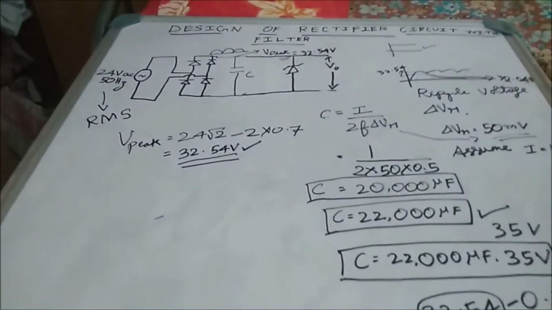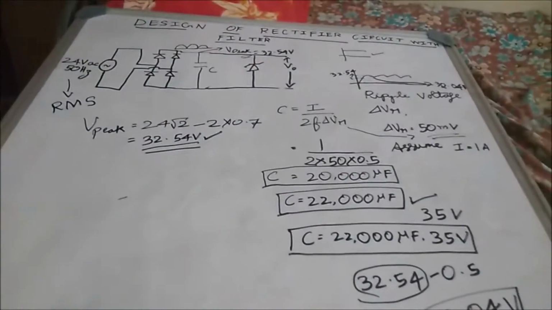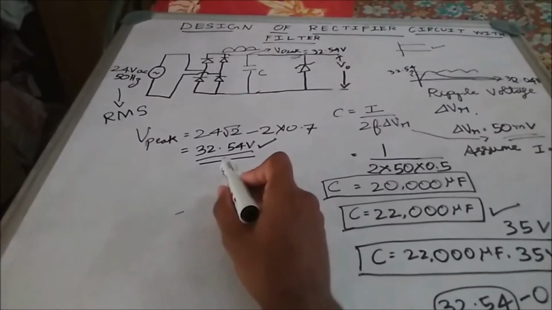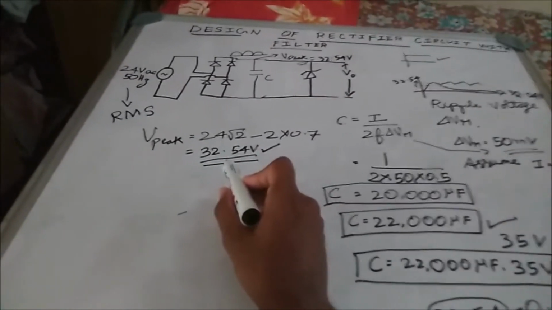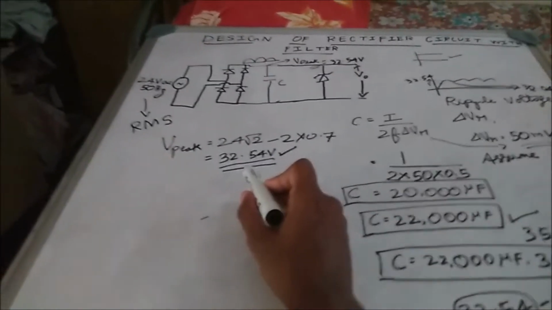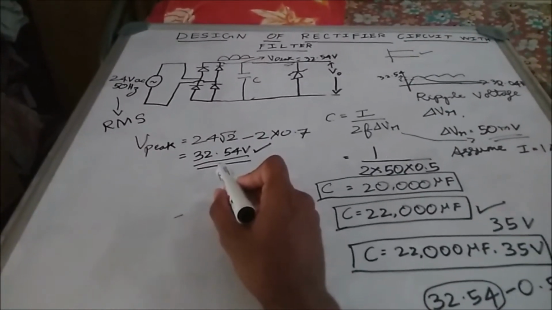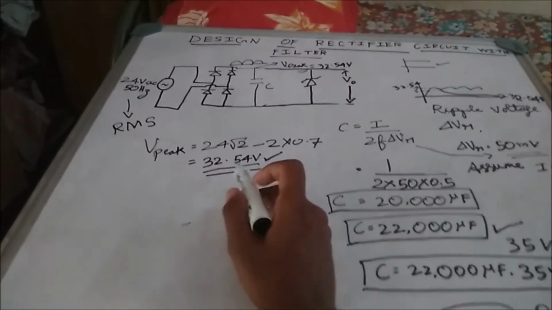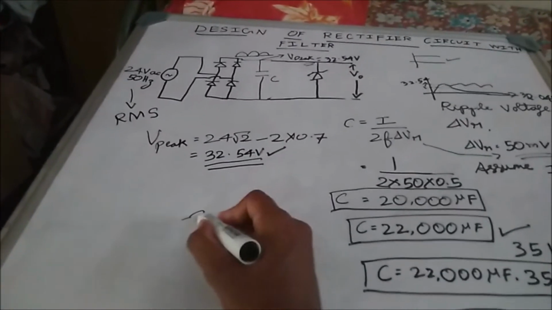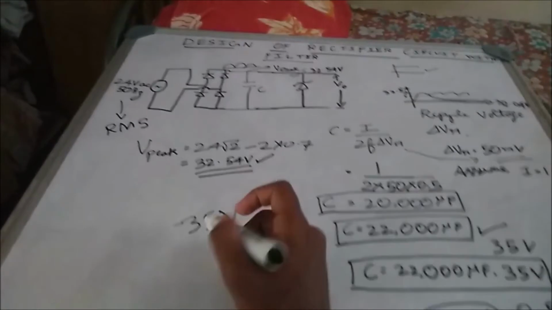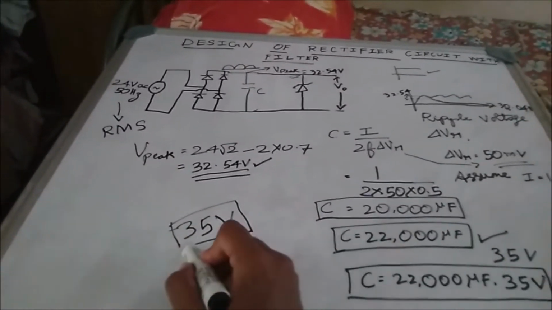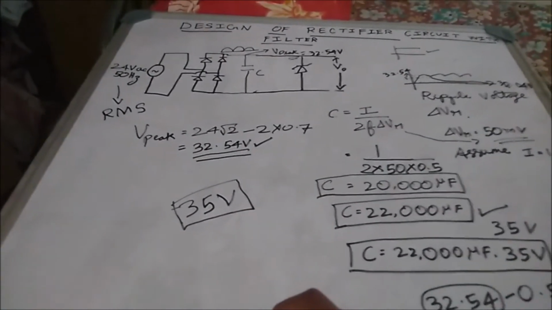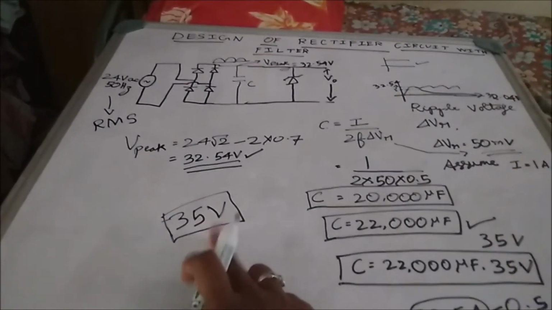So what would be the rating of the Zener diode? Since the peak rectified voltage value we have calculated is 32.5 volt, the Zener diode rating should be even more than this. So there is a 35 volt Zener diode, and this 35 volt rating is the reverse breakdown voltage rating.